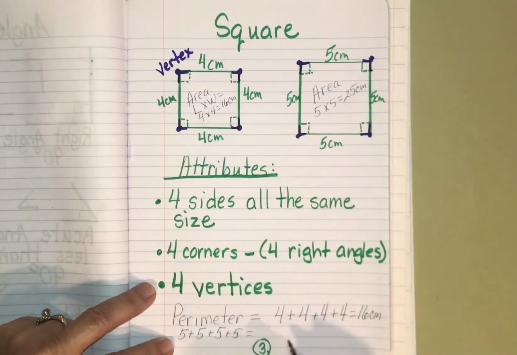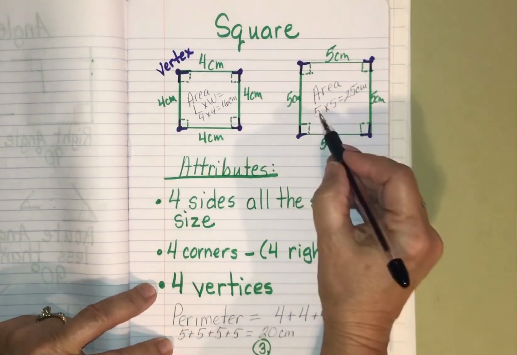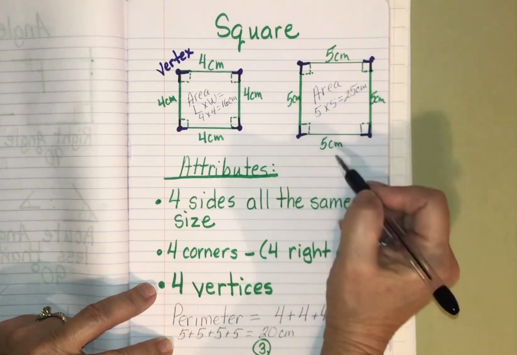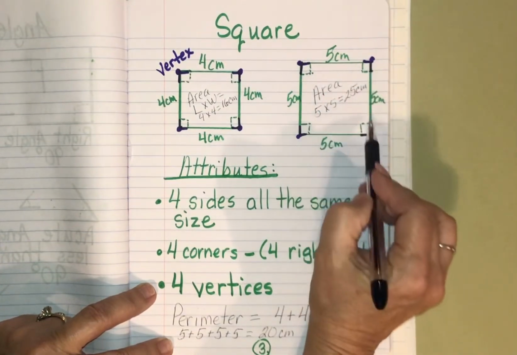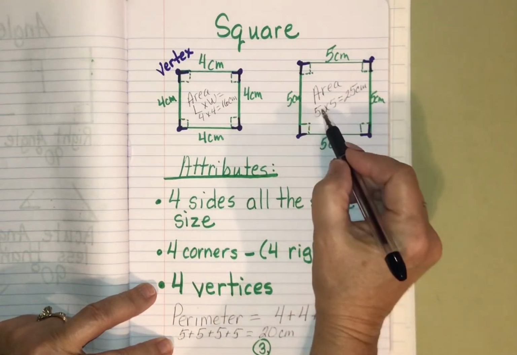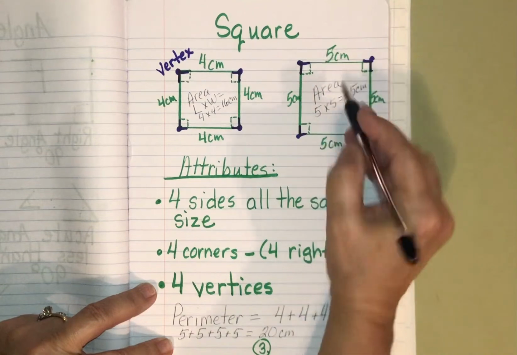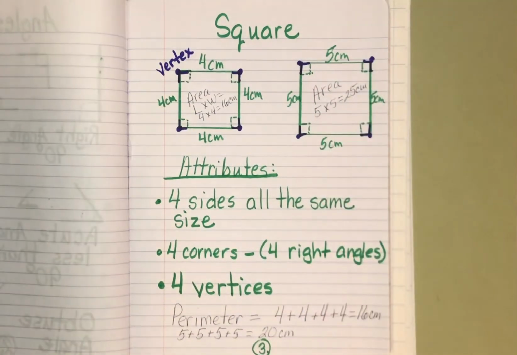So that would be like 4 times 5, or 5, 10, 15, 20. 20 centimeters all the way around. Okay, 5, 10, 15, 20. Here we got 5 times 5 is 25. So the area inside is a little bit bigger than if we go around. Okay. Oh my goodness, I did that wrong. It's not 5 times 5. It would be 5 times, yes it is, 5 times 5. Whew, had me thinking there for a minute.